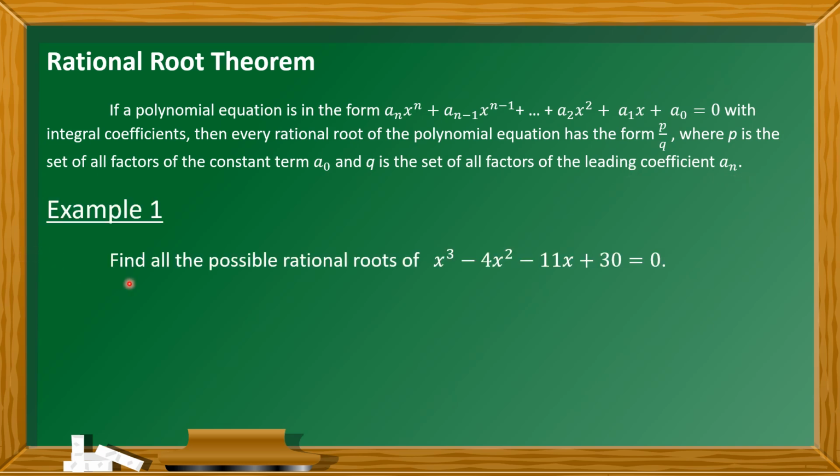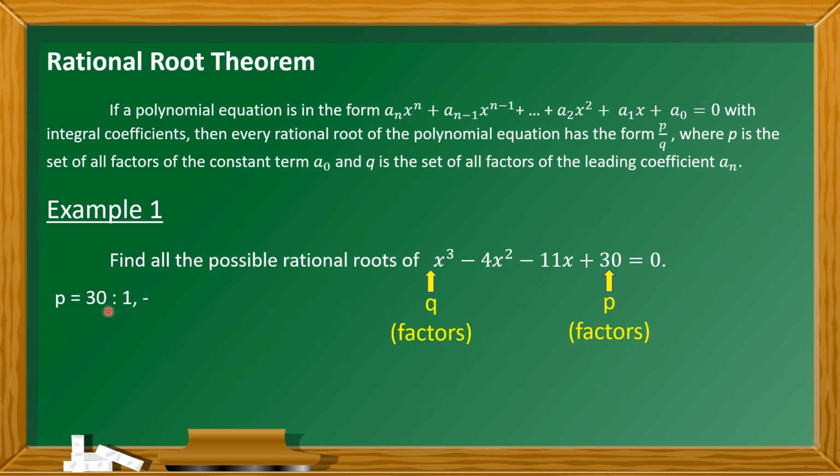Example number 1. Find all the possible rational roots of x cubed minus 4x squared minus 11x plus 30 equals 0. Dito sa constant term natin makukuha ang p. At dito naman sa ating leading coefficient makukuha ang q. Unahin natin ang p, which is 30.